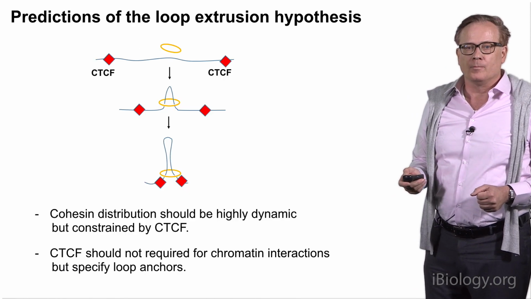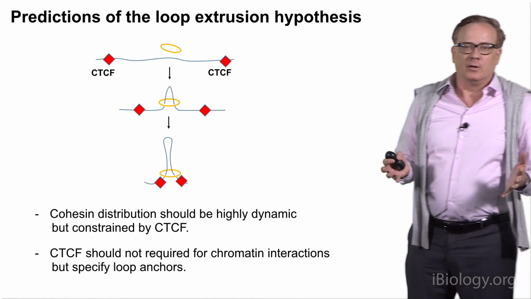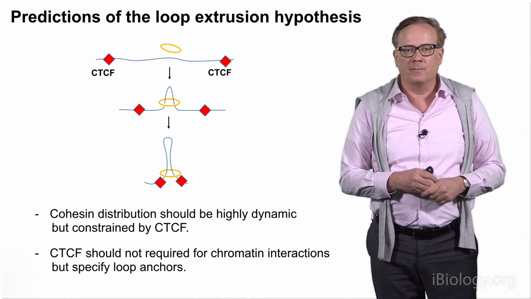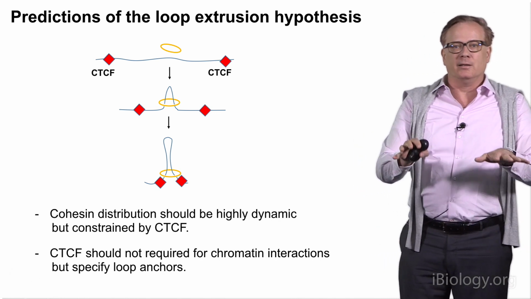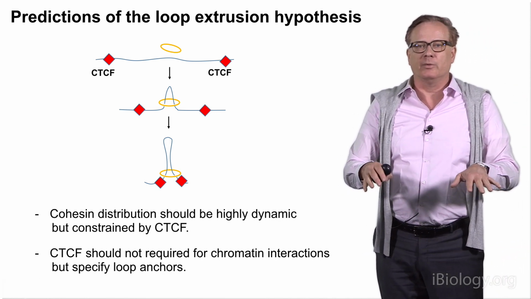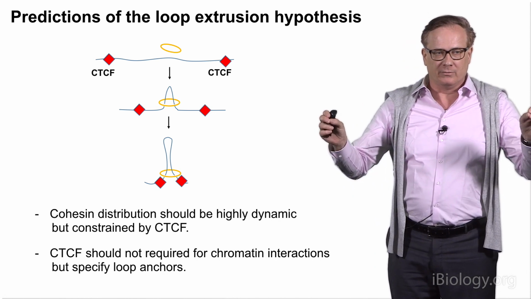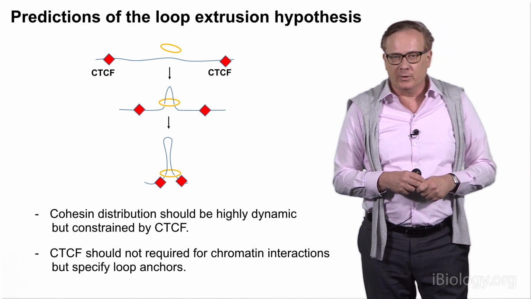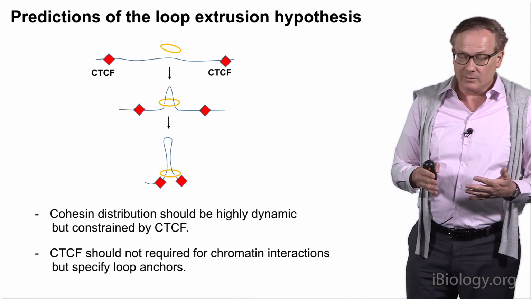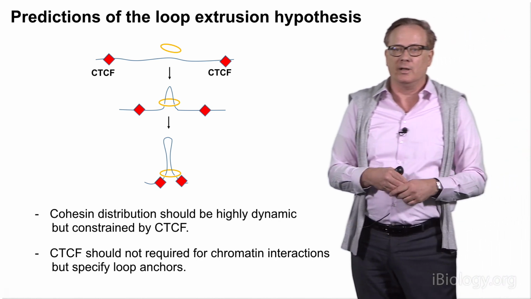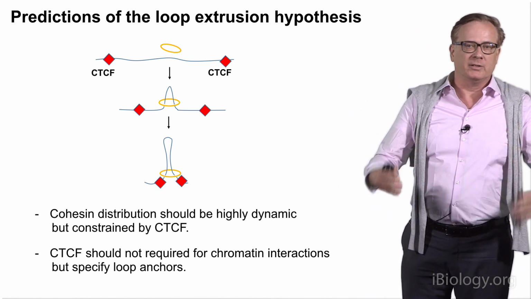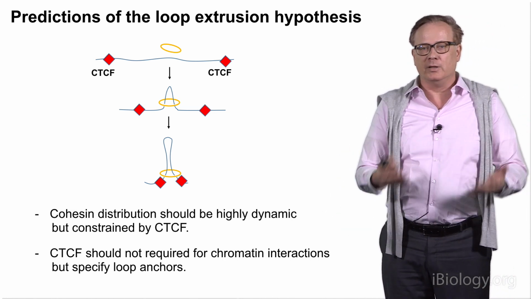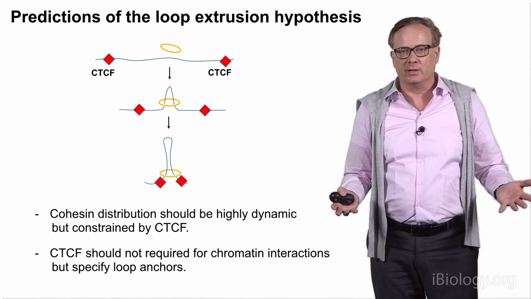Now, if this was all correct, then this loop extrusion hypothesis would make a number of predictions, namely that the binding of cohesin that we had initially identified by chromatin immunoprecipitation as being found in very discrete peaks, I showed an example in part 1, would in fact not represent how cohesin really behaves on genomic DNA, but would basically be an image that emerges from superimposing the behavior of many cohesin complexes in large populations of cells.